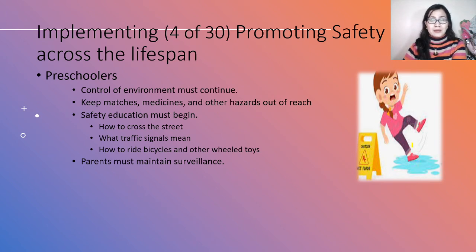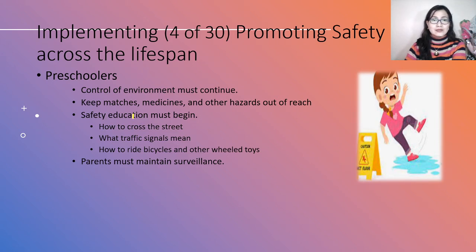Maybe she does not know what this sign means, or maybe she's curious if she's going to fall. If the parents are able to watch or provide surveillance or check on their children, then this will not happen.